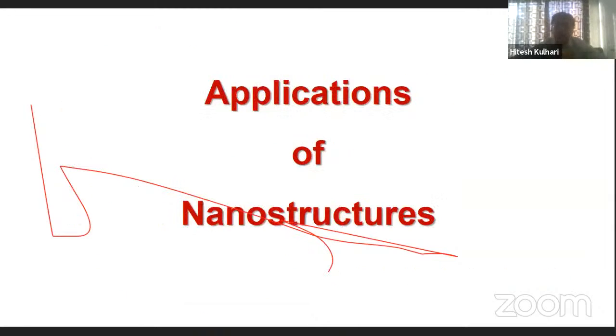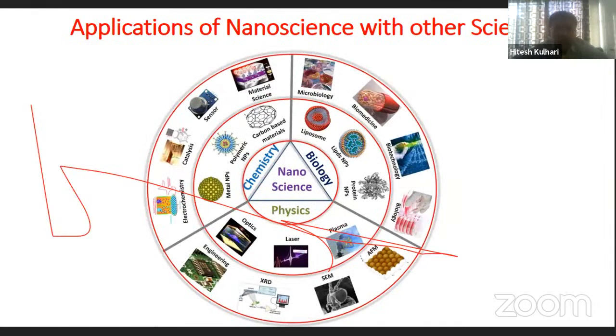Next part is the applications of the nanostructures. What are the various applications of the nanostructure? Nanoscience is an interdisciplinary science which combines all three basic sciences, whether it is biology, physics, or chemistry, and also material science.